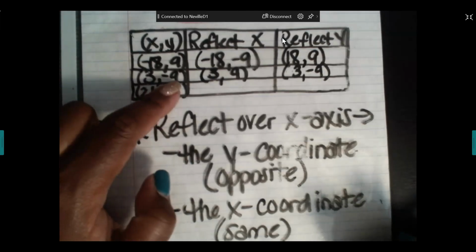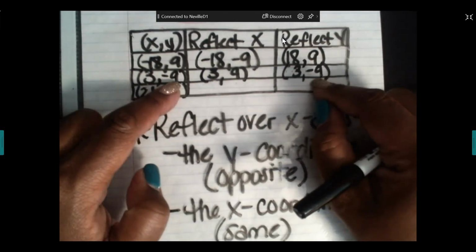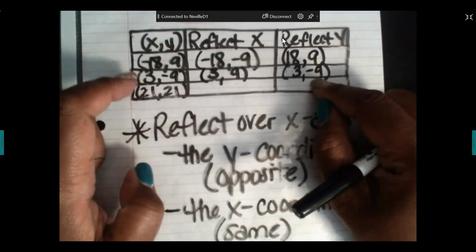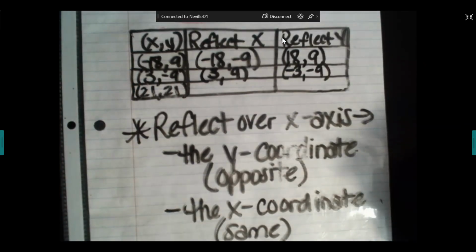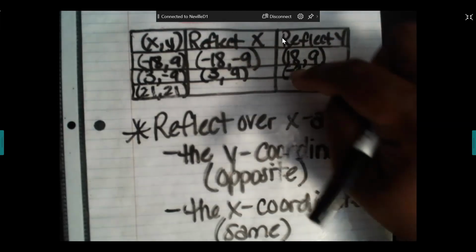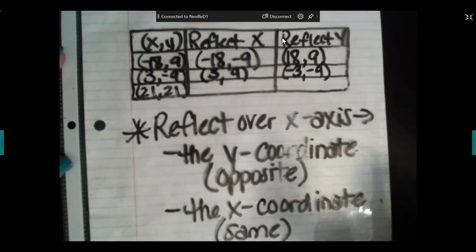What is the y-coordinate currently? So it stays the same when you reflect it over the y. The 3 is what changes. So it should have been (-3, -9). Whew. What about (21, 21)?